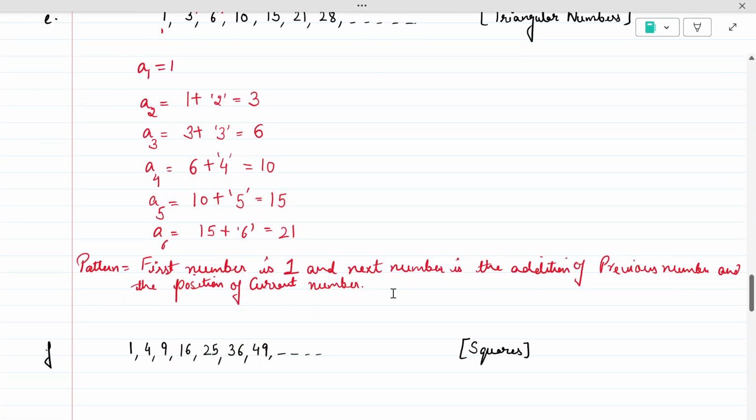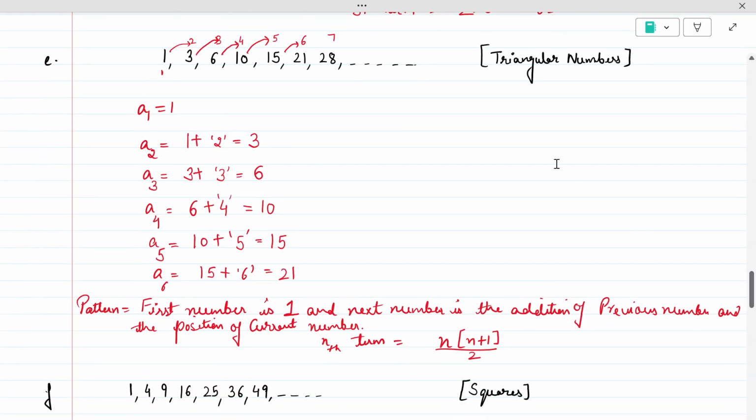The formula to derive the nth term is the sum of the first n natural numbers, that is n multiplied by n plus 1 divided by 2. Using this formula, we can easily derive any term in this triangular series. This is called triangular numbers or the triangular number series.